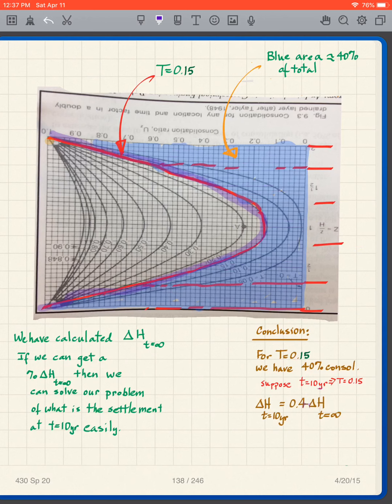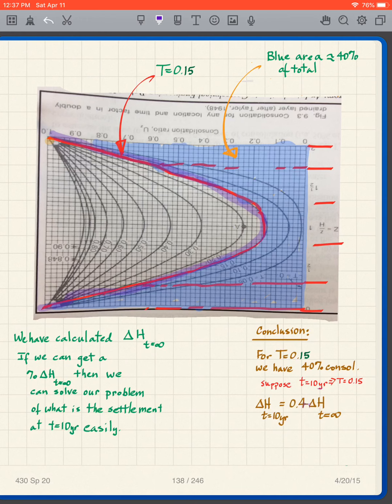Now, if we did that, what we would find is that my answer would come out slightly different. It would be more accurate in a sense, but people have done this. They've taken the layer, they've broken it up into a lot of sublayers, and they've created a new curve.